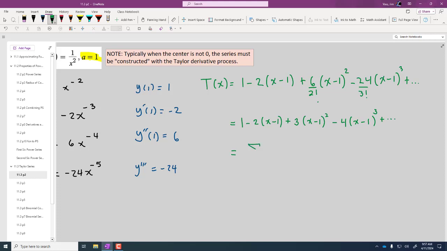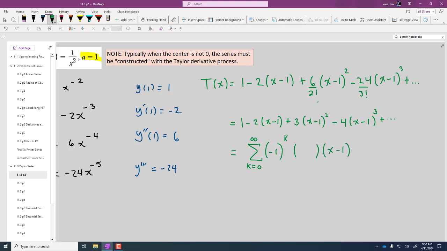Our series is alternating, so we have a switch. I'm just going to put a k up there for a moment. Maybe it's a k plus 1. We'll fiddle with it as we need to, but we know it's going to have a power of k or k plus 1 for the switch. Then we have a coefficient in front of the power of x minus 1.